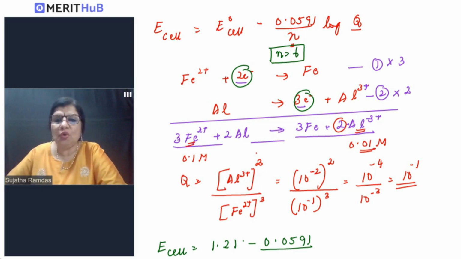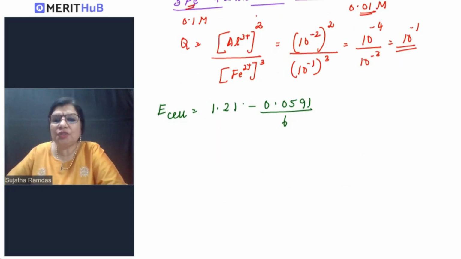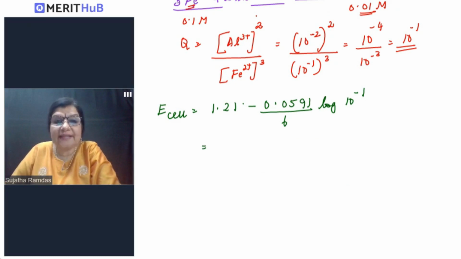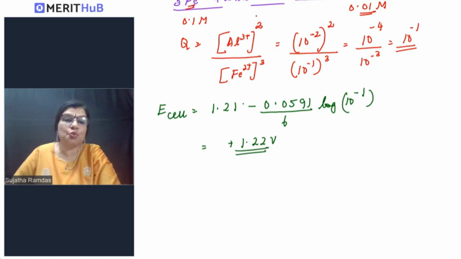All right. So n is 6, into log of 10 to the power of minus 1. And if you solve this, you will get the E cell value as plus 1.22 volt.